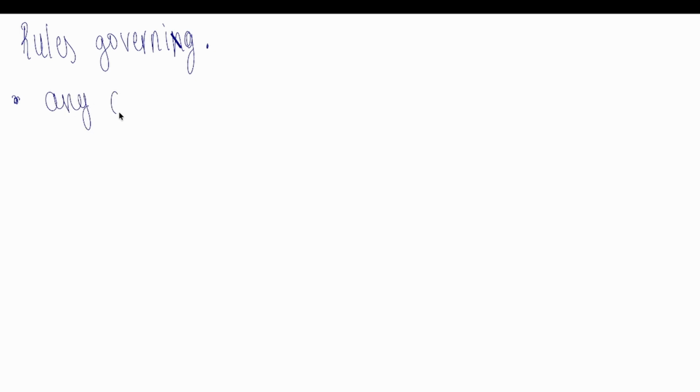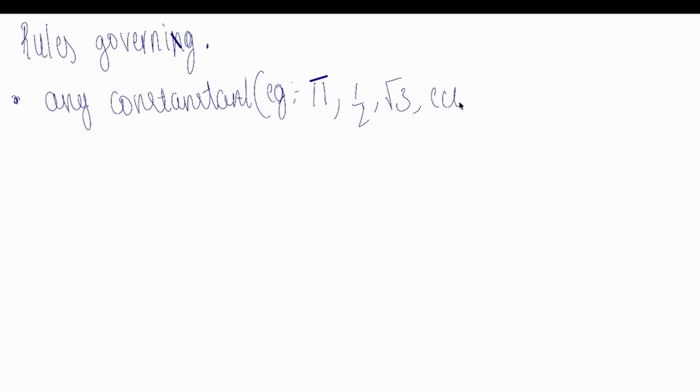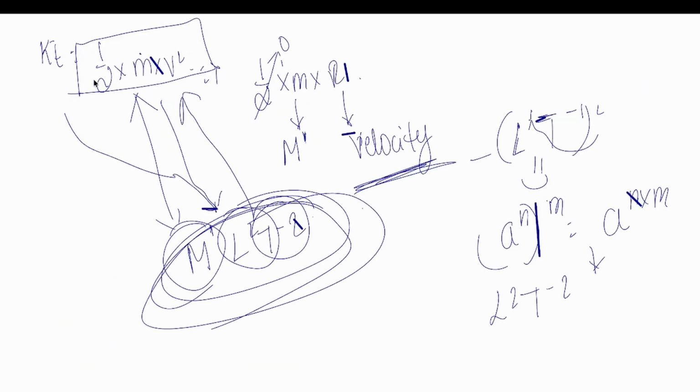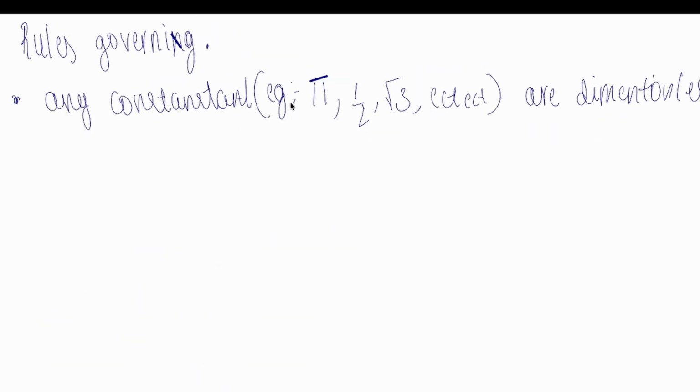The first rule says that any constant, for example pi, 1 by 2, root 3, etc., is dimensionless. That's the reason in the dimensional formula of kinetic energy, even though the equation has a half, I have to consider it as 0, because a constant is dimensionless according to the rules which are governing it.